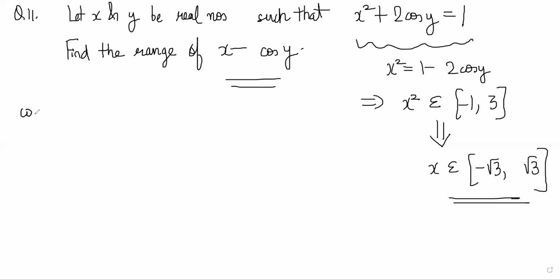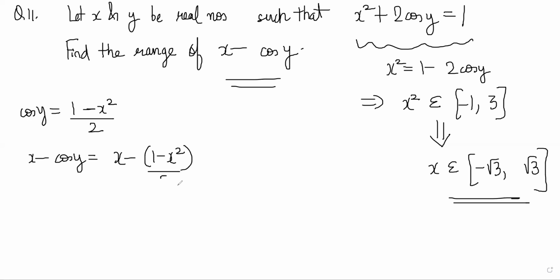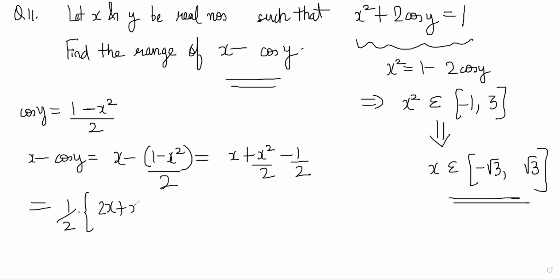Also, we know that cos y is equal to (1 minus x square) by 2. Therefore, x minus cos y starts looking like x minus (1 minus x square) by 2, right? So that is basically x plus x square by 2 minus half. And that can be written as half common. This is 2x plus x square plus 1, and you subtract a half, so it becomes minus 1.